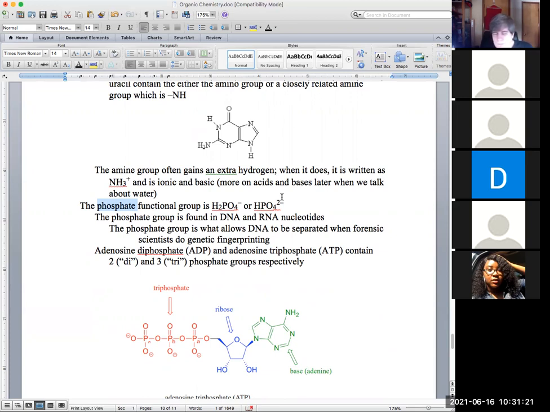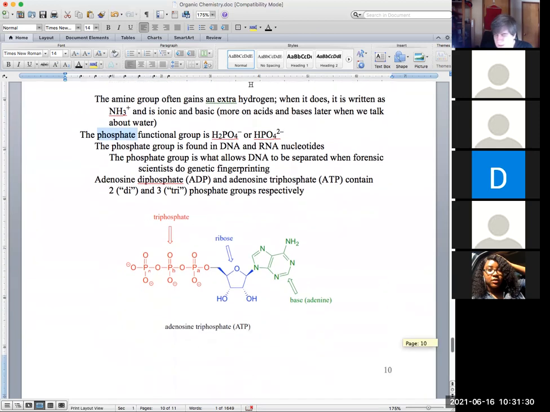So when we look at this, here's a molecule called ATP, and ATP is short for adenosine triphosphate. So the adenine is one of the molecules that we mentioned with DNA that has the amine and the amino functional groups. So here's adenine.